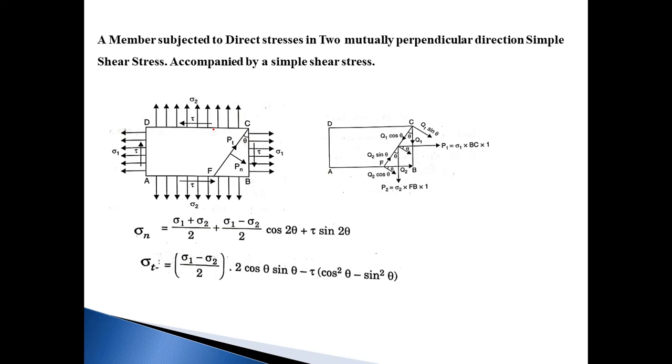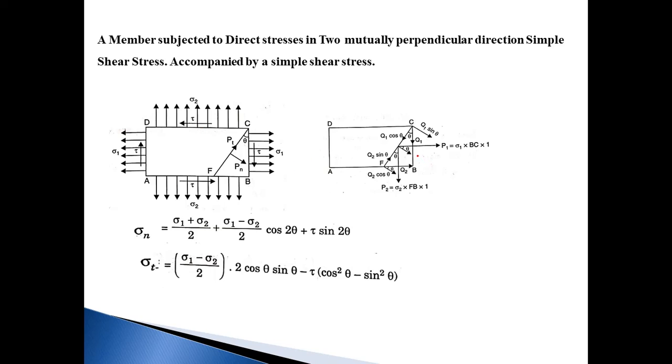In this problem, in addition to sigma 1 and sigma 2, there is one shear stress tau acting on the member. Now this is the fourth condition, two perpendicular stresses with a simple shear.